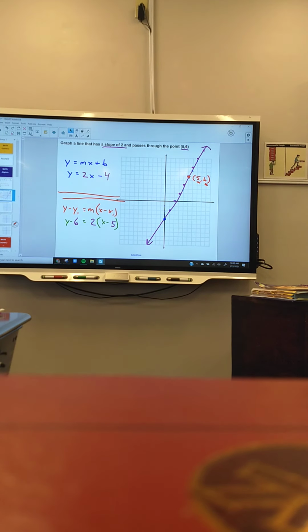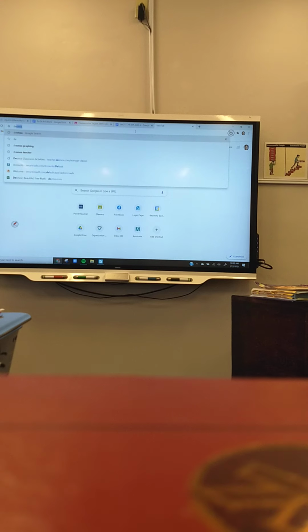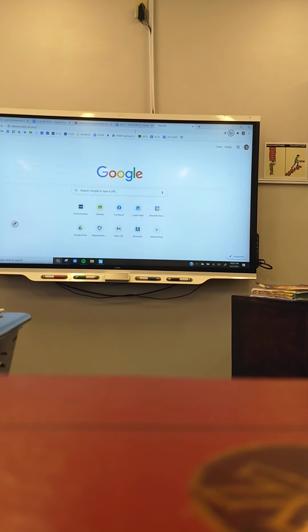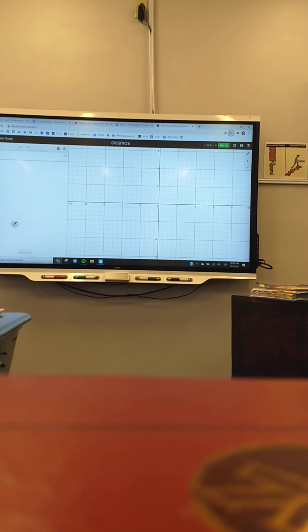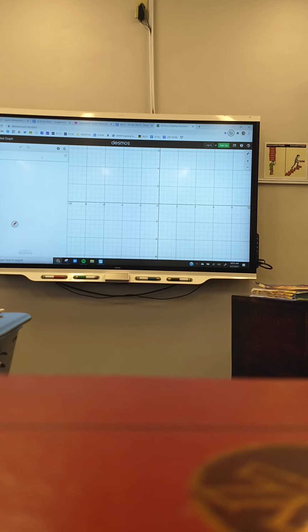So 2 ways to write this formula. And to show that to you, let me go back over to Desmos where we can graph it very quickly. Okay, so the first equation of that line was y equals 2x minus 4. Let's graph that. So there's our line.